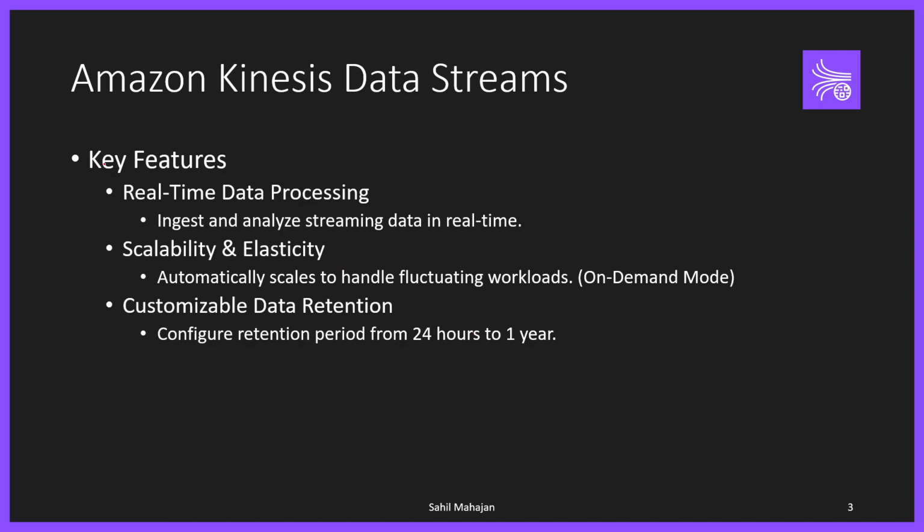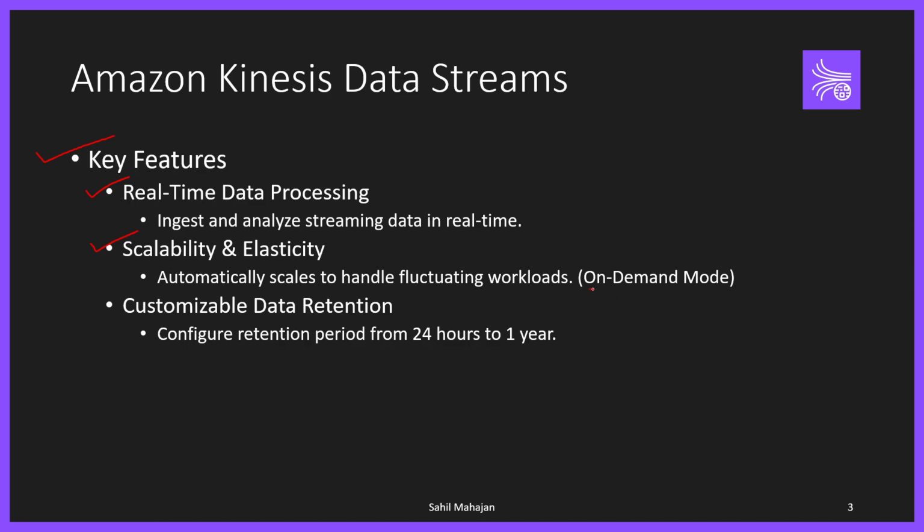Moving on, we're going to talk about a couple of features related to Amazon Kinesis Data Streams. First, of course, it is real-time data processing, so you can ingest and analyze streaming data in real time. It is scalable and elastic. It can automatically scale when you are using the on-demand mode to handle fluctuating workloads.